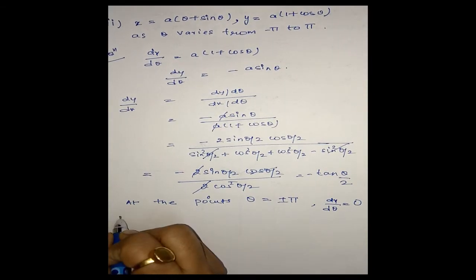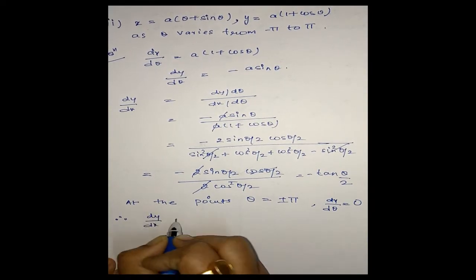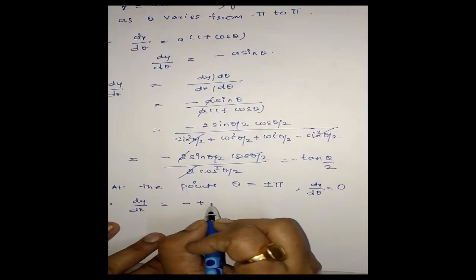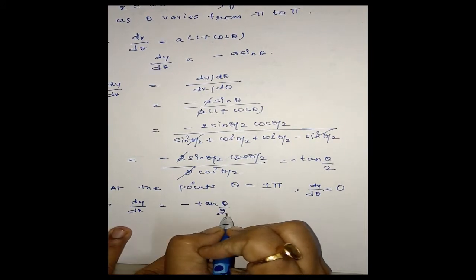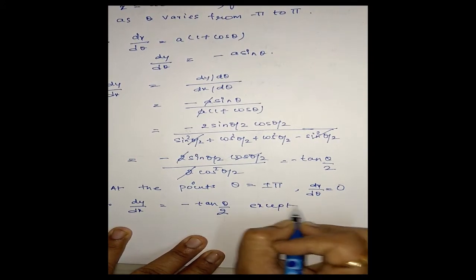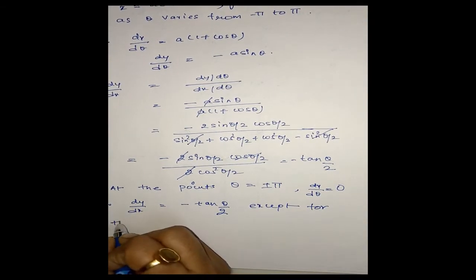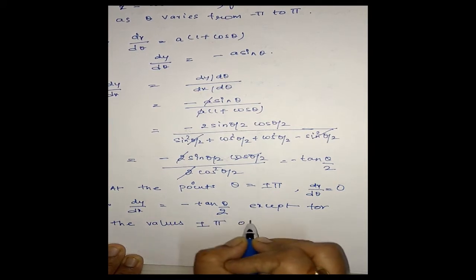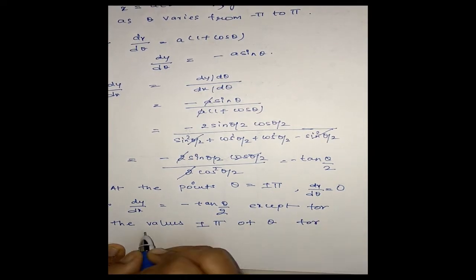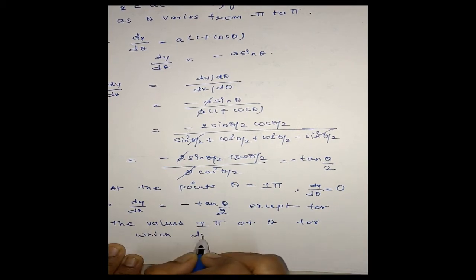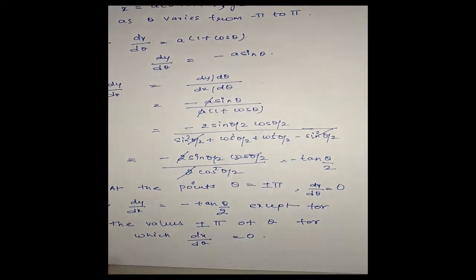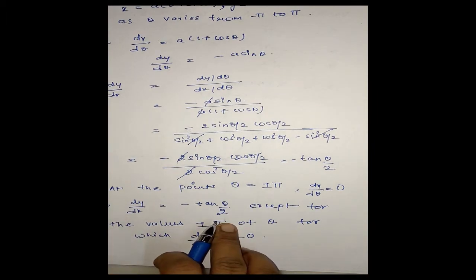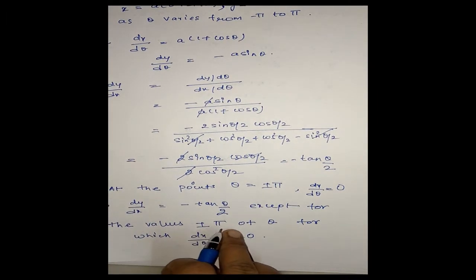Therefore, dy by dx is equal to minus tan theta by 2, except for the values theta equal to plus minus pi, for which dx by d theta is 0. Therefore, dy by dx is minus tan theta by 2 except at theta equal to plus pi and minus pi.